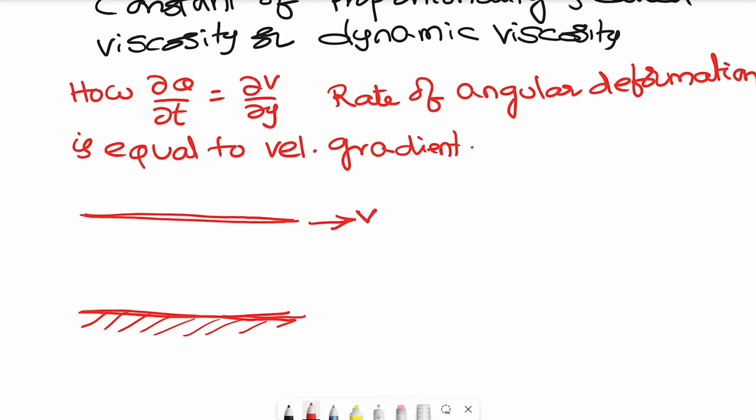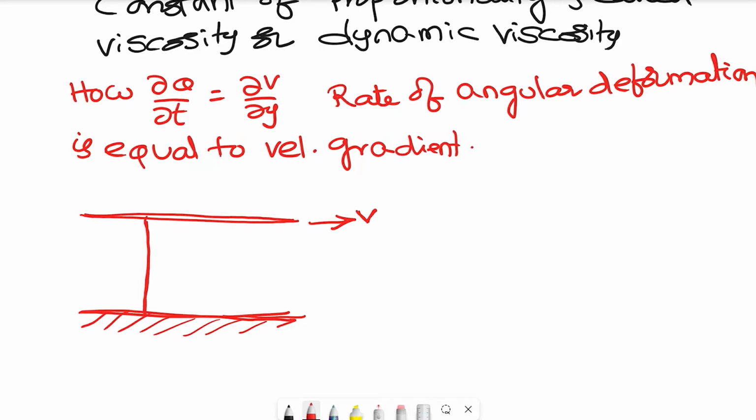Now, initially the velocity here is 0, here also 0.